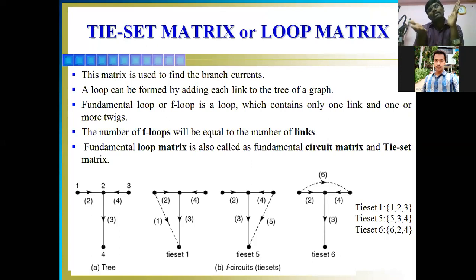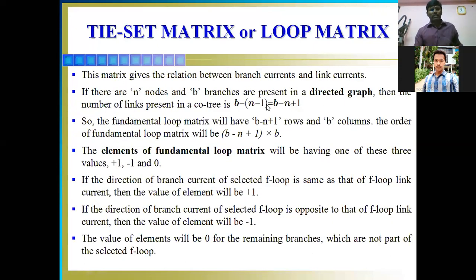So the number of links is equal to the total number of branches minus twigs, which is B minus (n minus 1), or B minus n plus 1. This matrix gives the relation between branch currents and link currents.